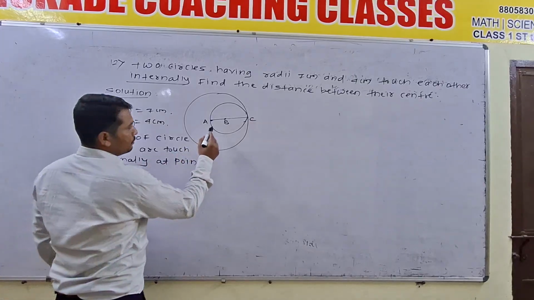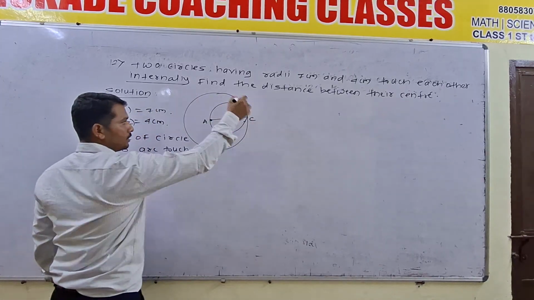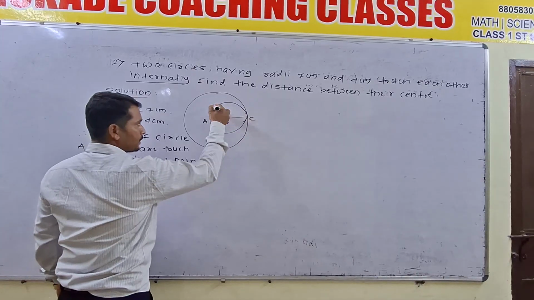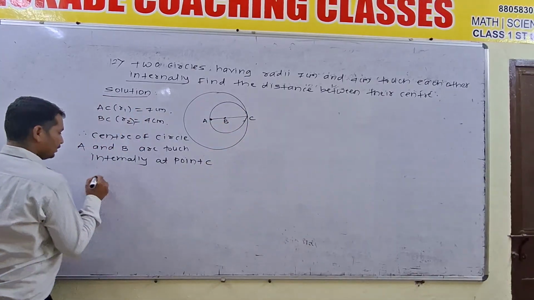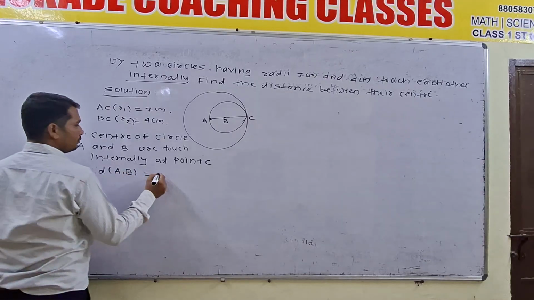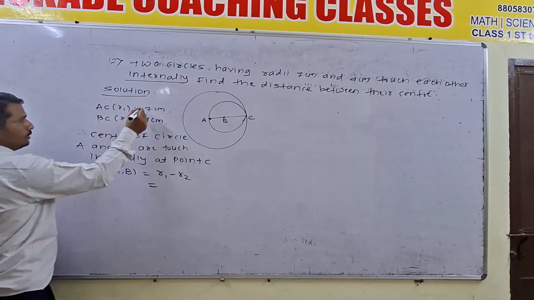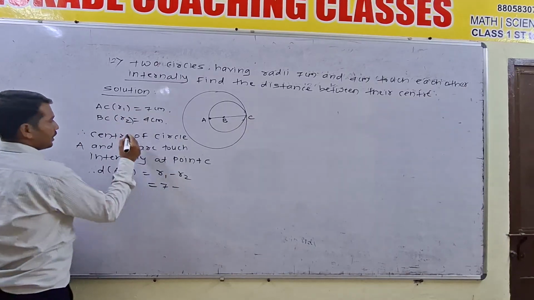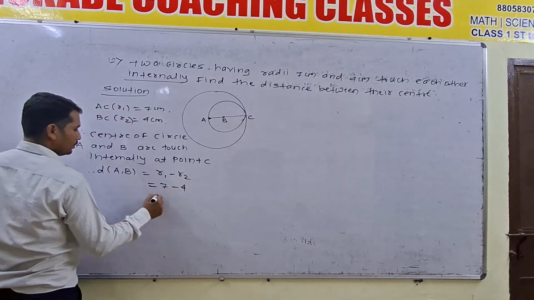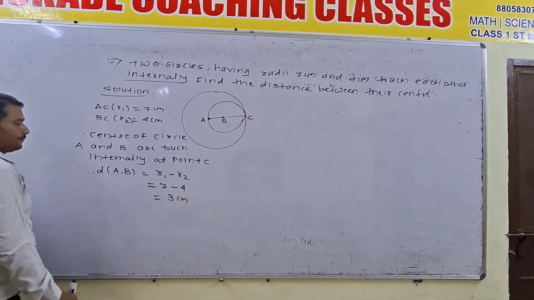We find the distance between. म्हणजे आपल्याला इथे AB काढायचं. So A is the center of the first circle, B is the center of the second circle. So we find the distance AB. Distance AB is equal to R1 minus R2. R1 is 7, minus R2, which is 4. So 3 centimeter.